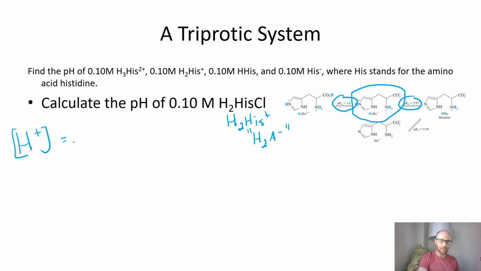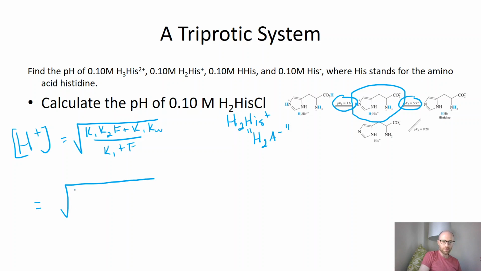Using our intermediate form formula, K1 K2 F plus K1 KW over K1 plus F. And then I'm going to plug in the numbers just so we can be 100% on the same page with how we're doing our calculations.